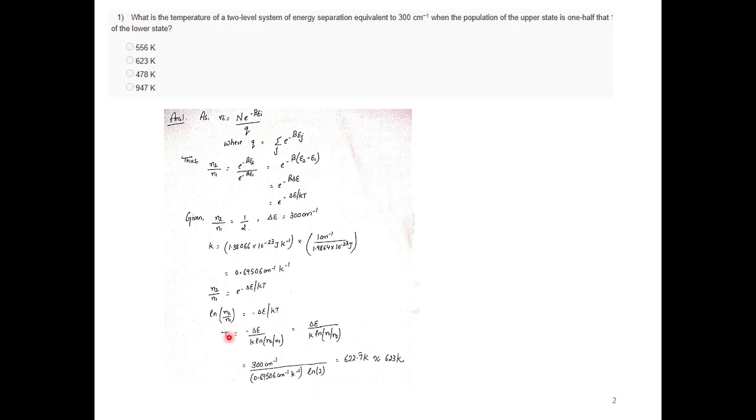So T is equal to minus epsilon by k ln N2 by N1. The ln of N2 by N1 is negative, so with the minus sign it becomes positive. Epsilon is 300 centimeter inverse, and the value of k we have already obtained, so you will get a value of about 620 K.